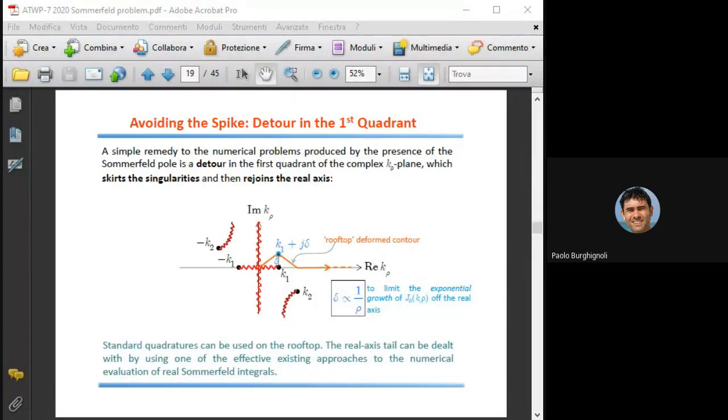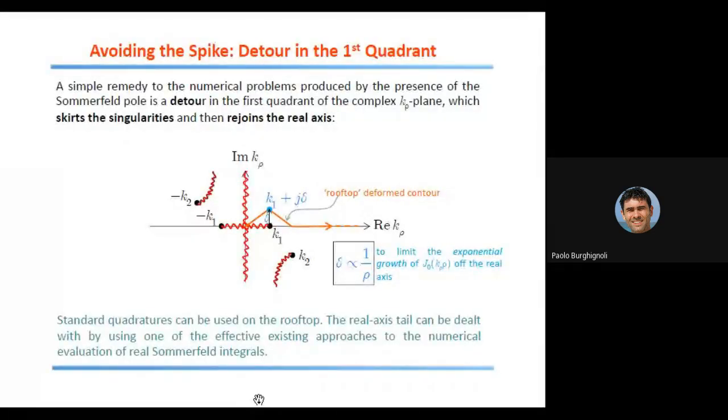And so if you go into the complex plane, you get a behavior close to a hyperbolic cosine function. So the amplitude of the oscillations starts to increase. So you must maintain your value delta limited to avoid that increase. In particular, a good idea is to have delta proportional to the inverse distance rho, in order to limit this exponential growth of the Bessel function J0 off the real axis.